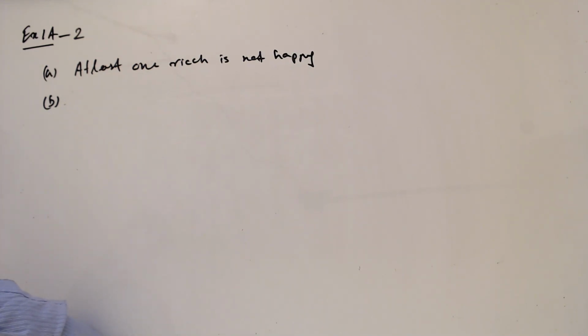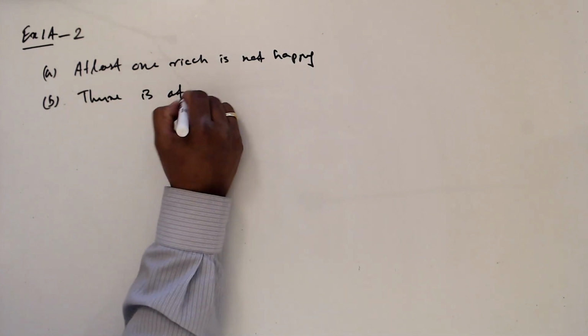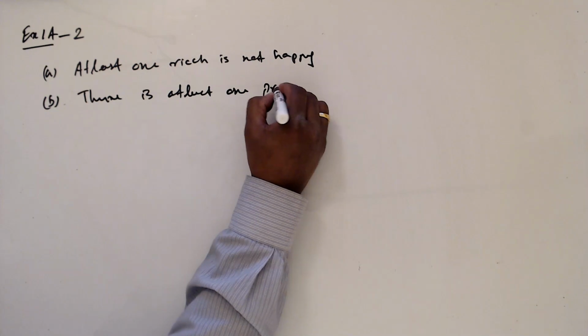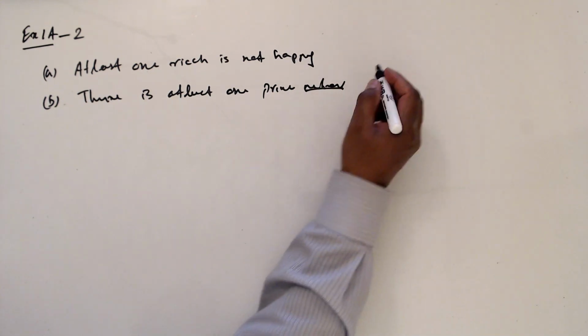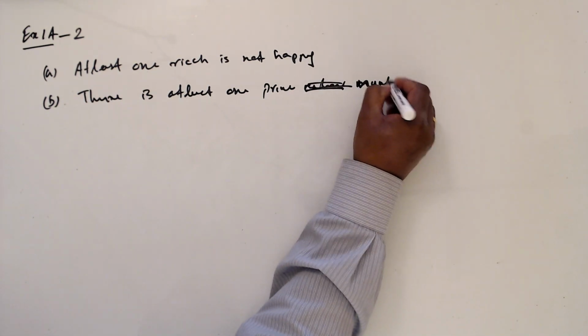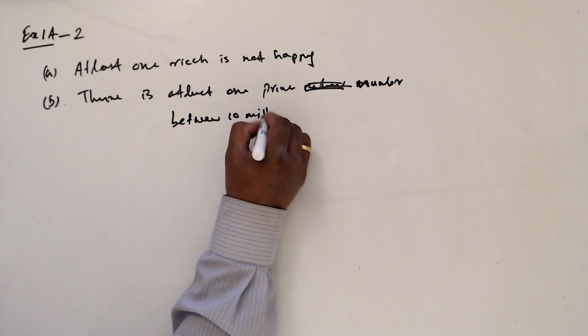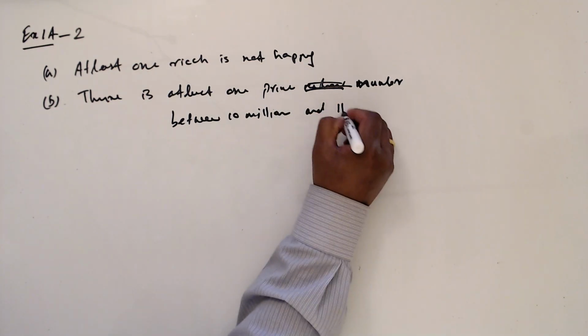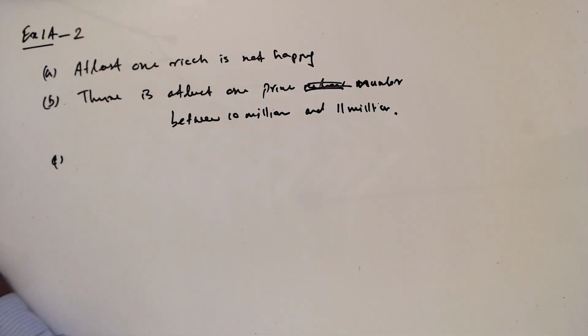It means the negation is there is at least one prime number between 10 million and 11 million.